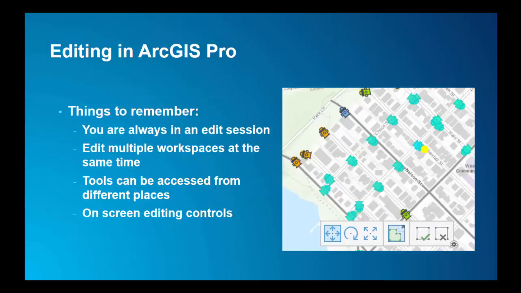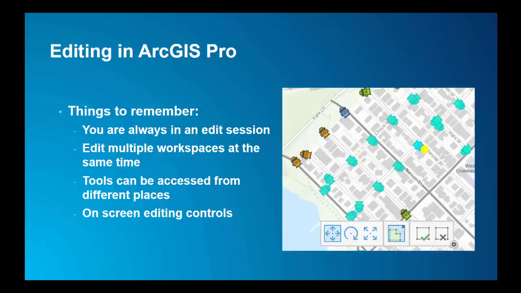Some things to remember about editing in ArcGIS Pro is that you're technically always in an edit session, provided you have permission to edit data in your map or scene that you're working in. It's possible to edit multiple workspaces at the same time, so whether you're working with multiple file geodatabases or multiple different types of geodatabases, an enterprise geodatabase, for example, or even if you're working with shapefiles.